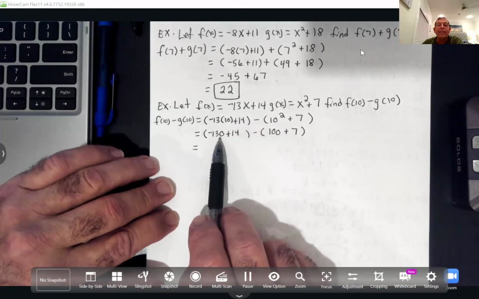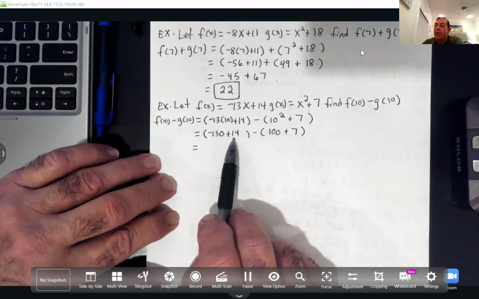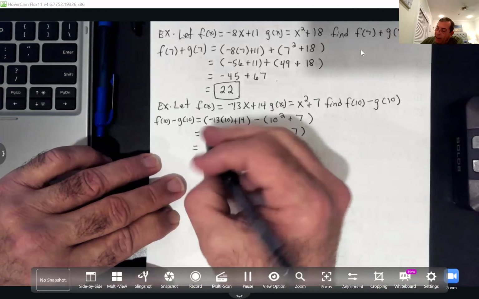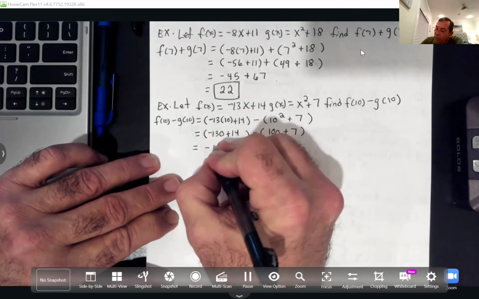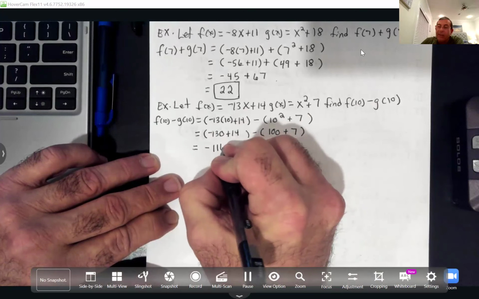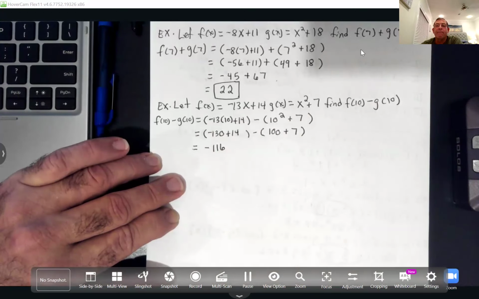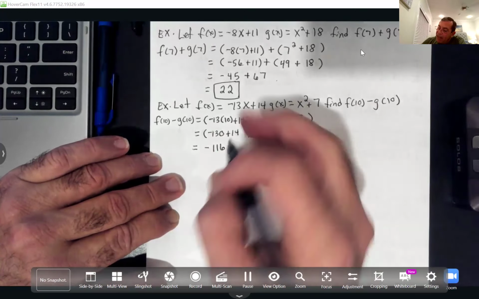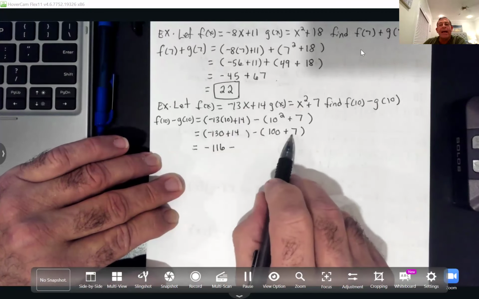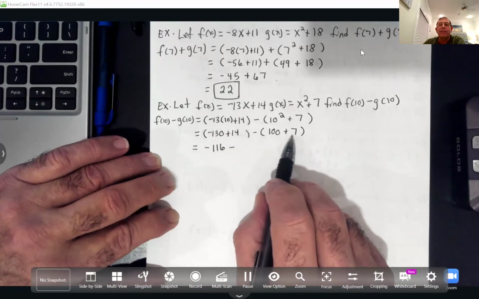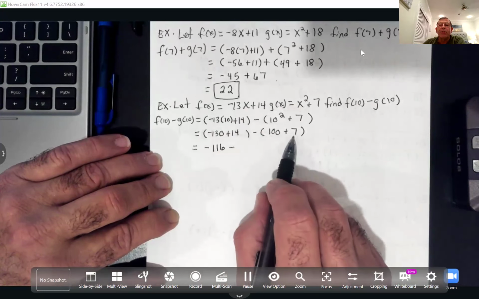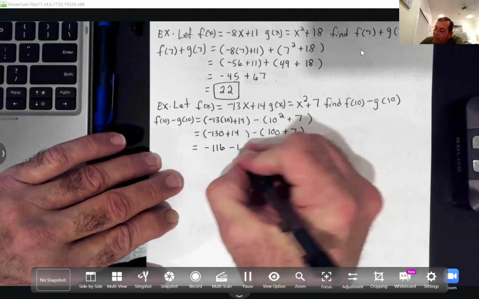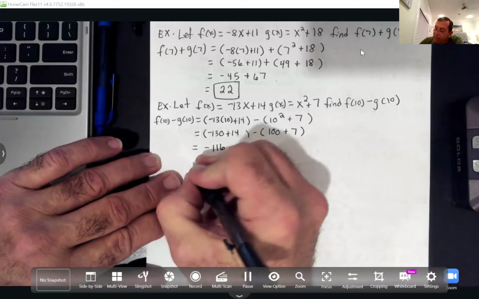So let's add this -130 plus 14. That'll give us a -116. That's going to be minus what I get out of my second parentheses. Well, that's just 100 plus 7, which will give us a 107.